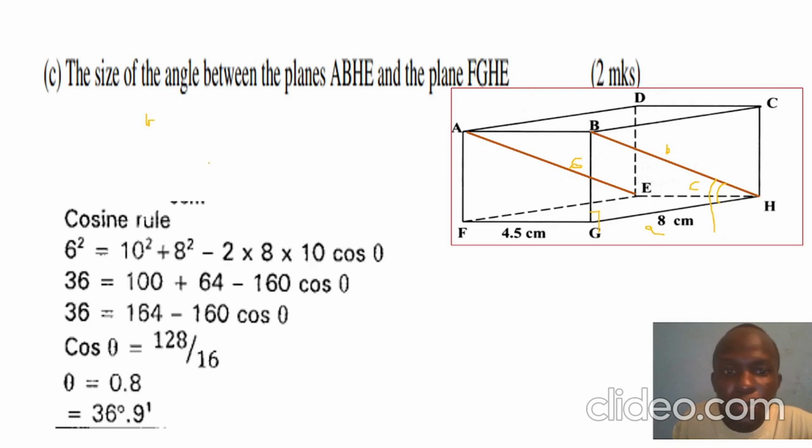B is just the square root of 6 squared plus 8 squared, and then you get 10.